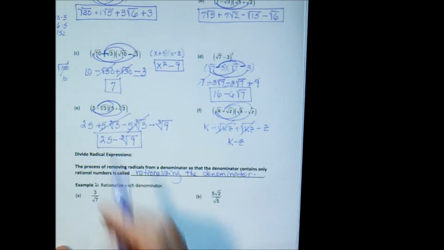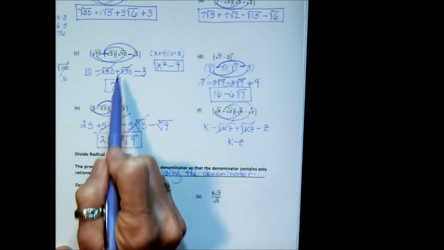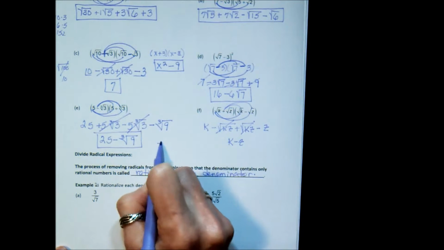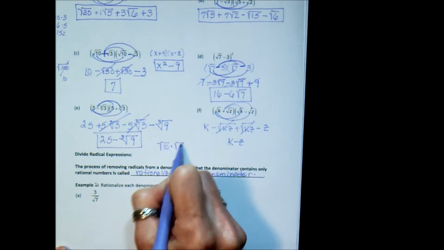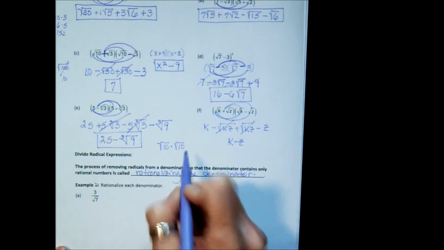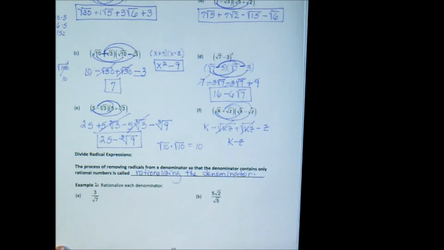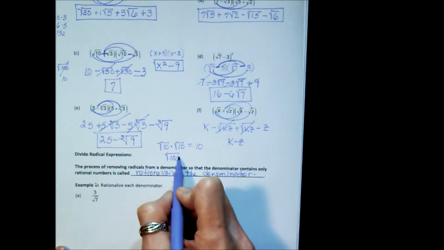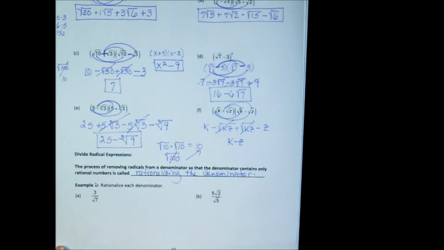So let's look at how that can happen, because you can't just take it away. We noticed in multiplying that, let's use the tens as an example, when you multiply a square root times itself, you ended up with just the number with no square root. The reason was you would have gotten square root of 100, but square root of 100 is just 10.